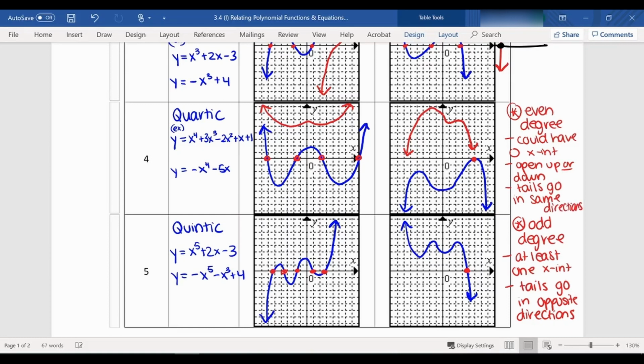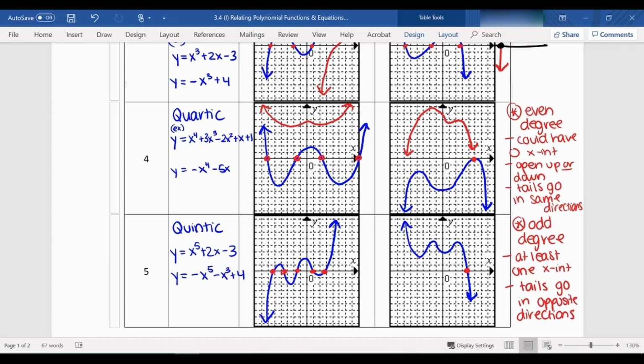You'll also hopefully have noticed that the most number of x-intercepts we can have for any degree is the degree. So the most number of x-intercepts you can have for a quintic with a degree of 5 is 5. The most you can have for a cubic with a degree of 3 is 3.